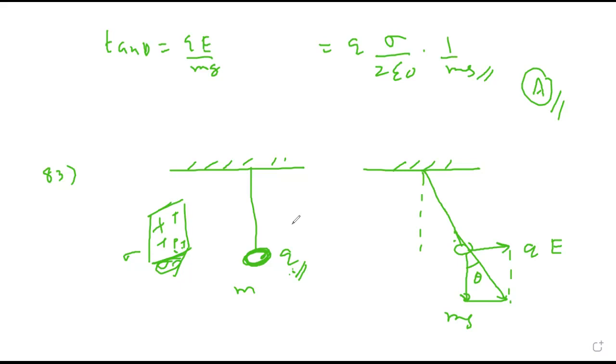Done, sir. Okay. 84. A metal circular plate of radius 7 centimeter is given charge of 22 microcoulomb.